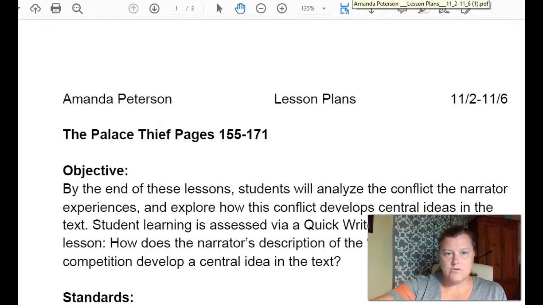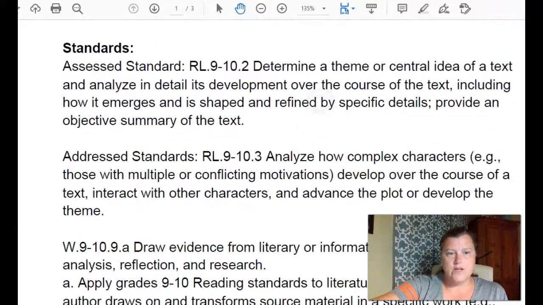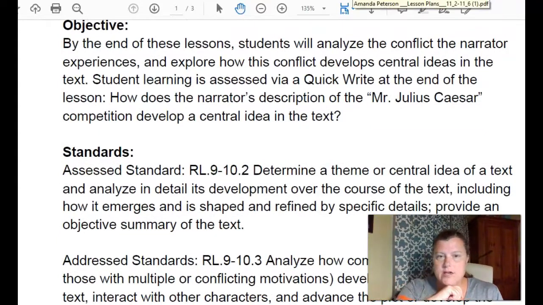So back to our assignments. What you're going to be working on this week is based on the standard 10.2, determine a theme or central idea of a text and analyze in detail its development over the course of the text, including how it emerges and is shaped and refined by specific details.